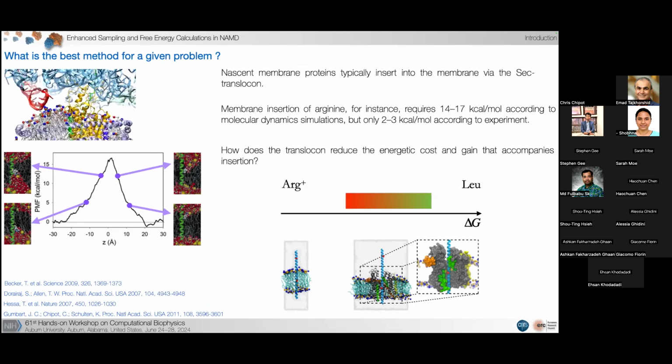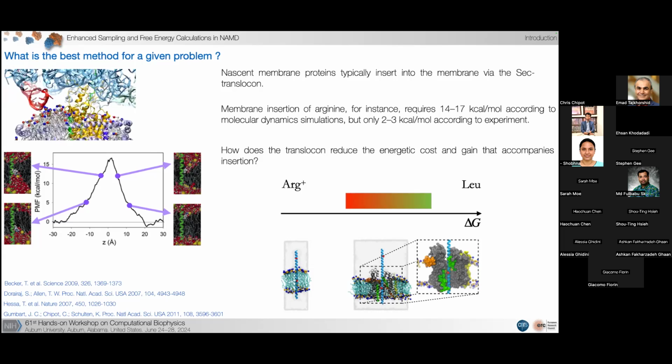And this is an important protein. It's found in the endoplasmic reticulum. And it's a protein that decides: if the nascent chain is a membrane protein, then the translocon will open laterally and let the peptide chain diffuse in the membrane, where usually it meets partners like a chaperone to fold. And so you have a membrane protein.